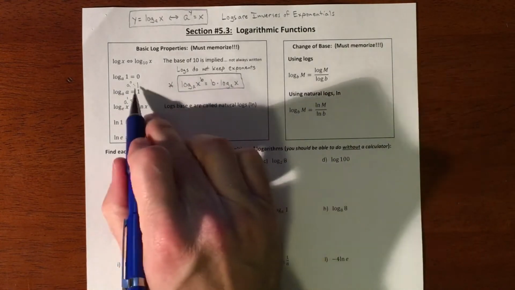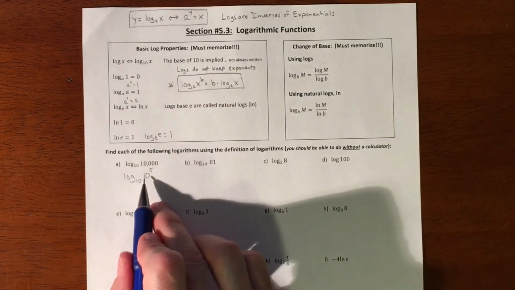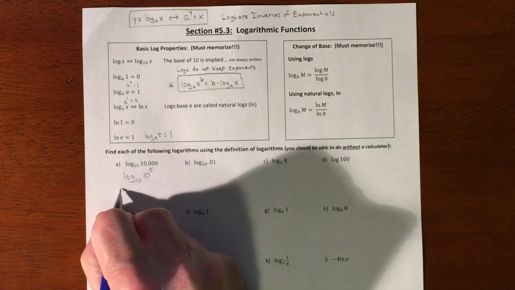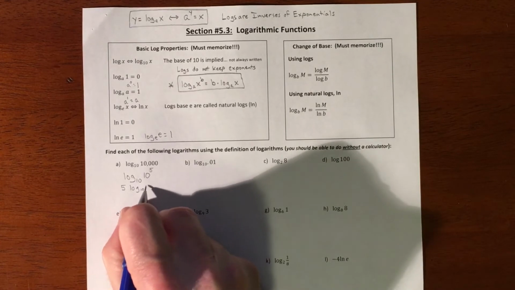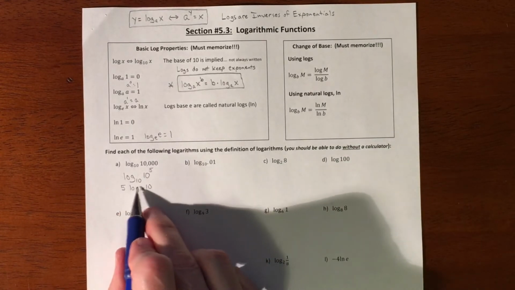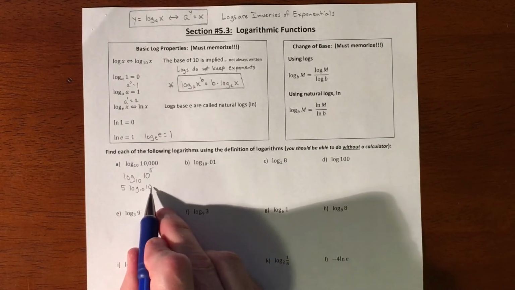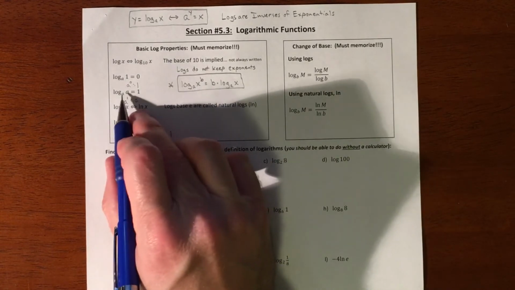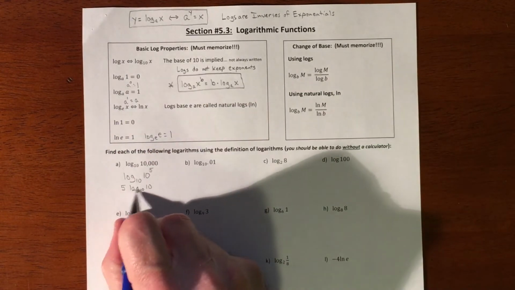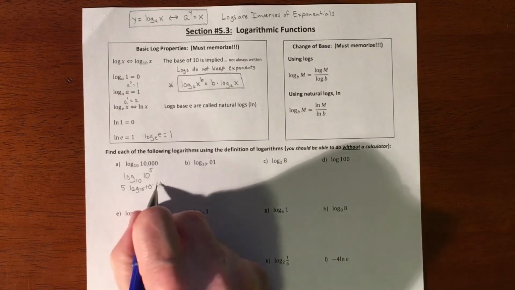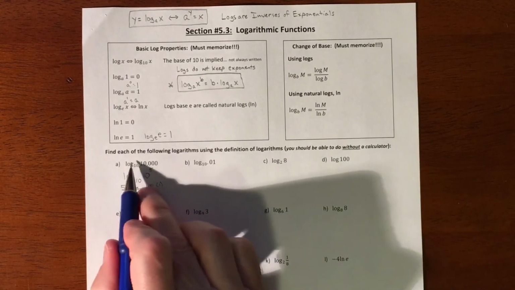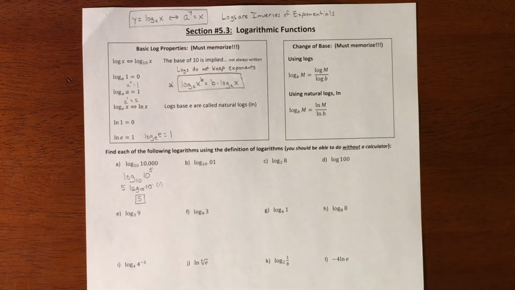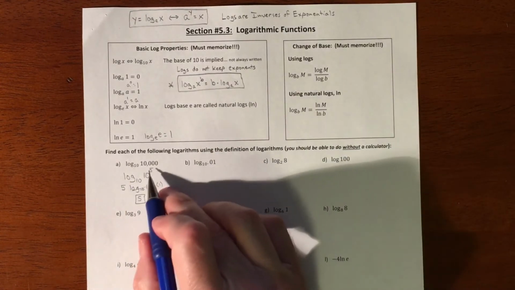And here's where these two properties kick in. Logs don't keep exponents, so I can bring that 5 in front. Then all I have left is log base 10 of 10, which is this property right here, so that piece becomes 1. So it's 5 times 1, which equals 5. If you were to type that into a calculator, you would get a 5. It's all about exponents.